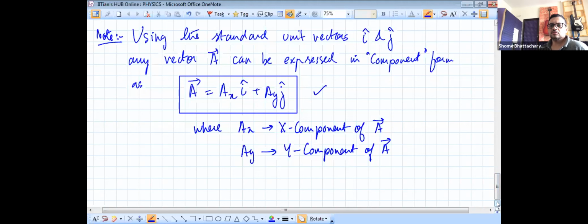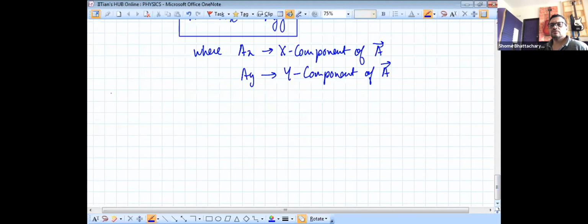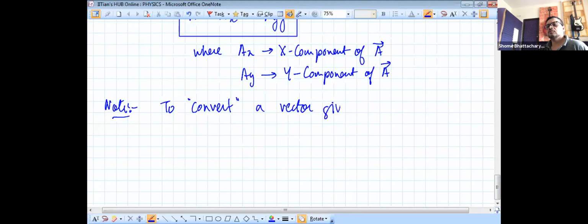Okay, so further, in this we have to convert a vector given in geometrical form to component form.